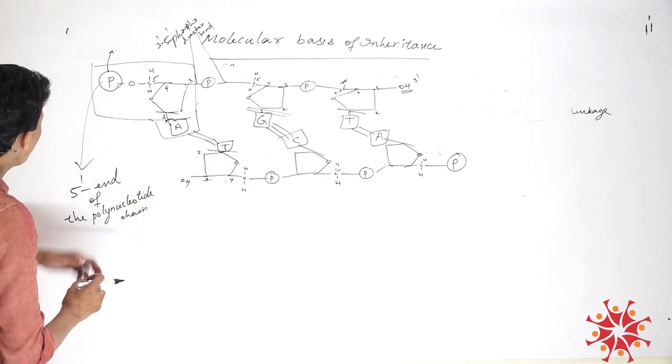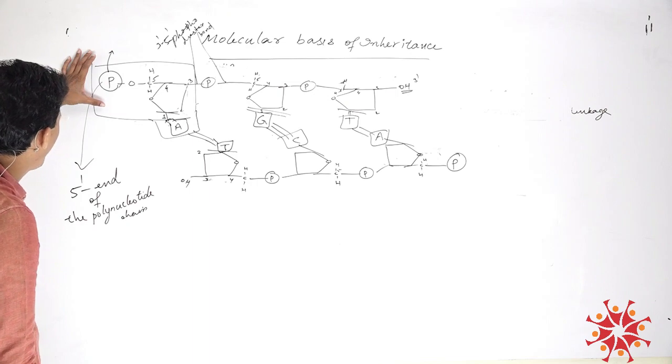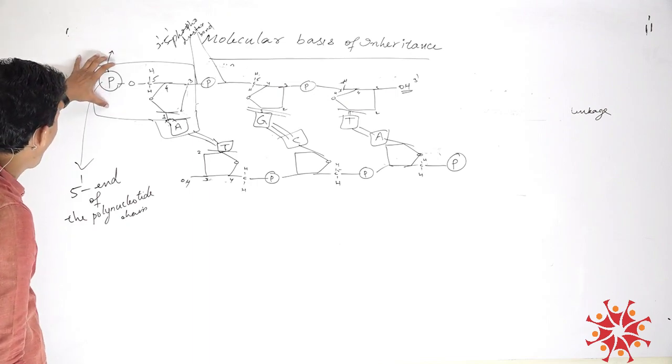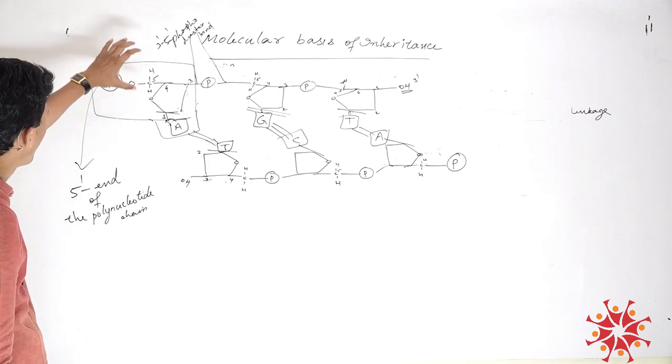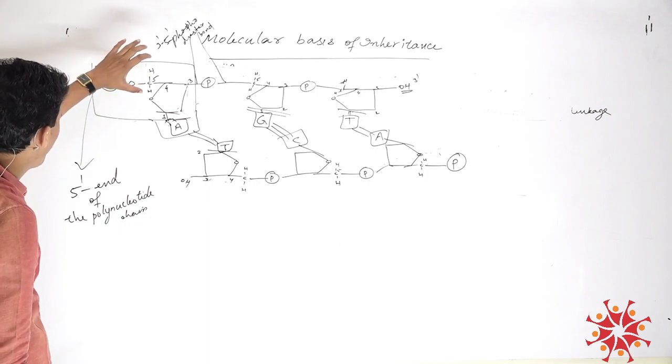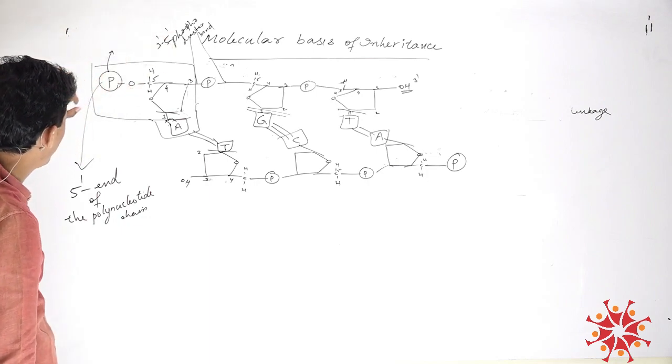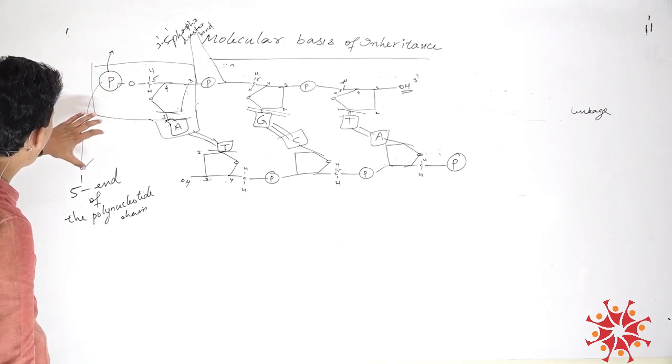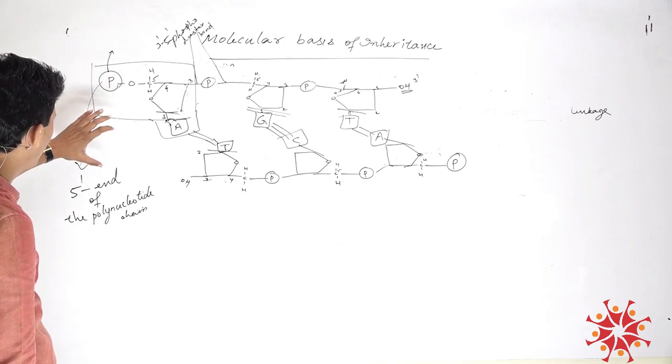Right? So this particular end of the polynucleotide chain, where the phosphate group is attached to the fifth carbon of the pentose sugar, is called the 5' end of the polynucleotide chain.